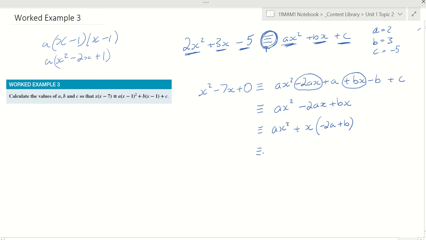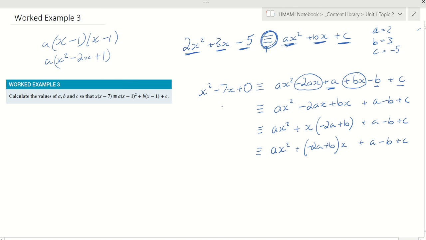We can write it the other way, like that. Now we write our last terms. They just go on the end, and it's going to be the same each time because I can't do anything with them. They're three different letters, so I don't know what they are.